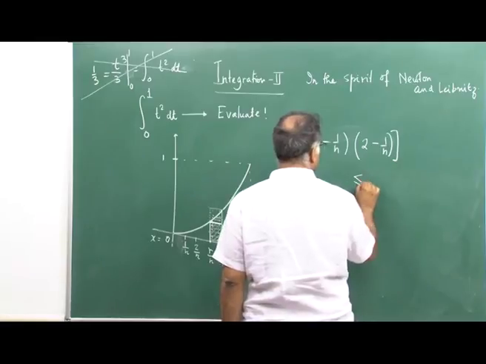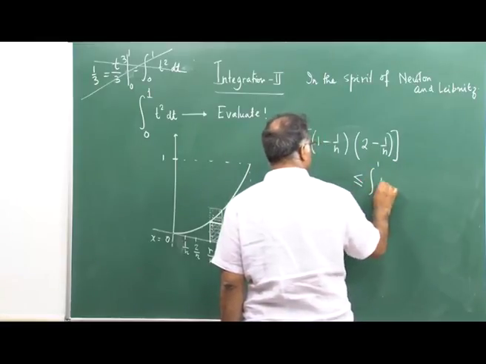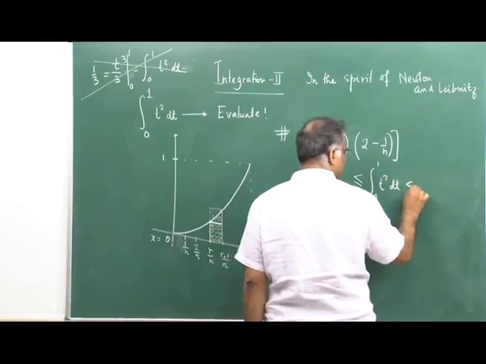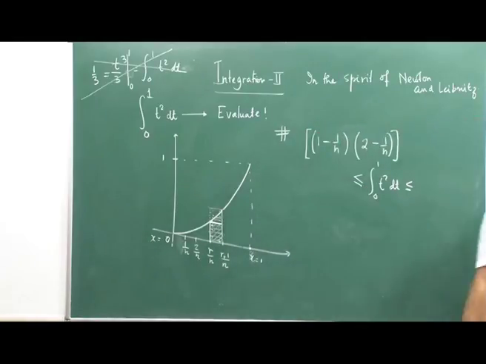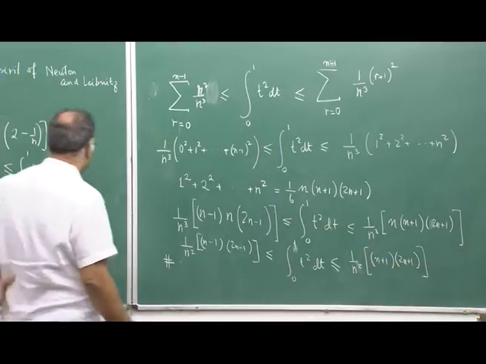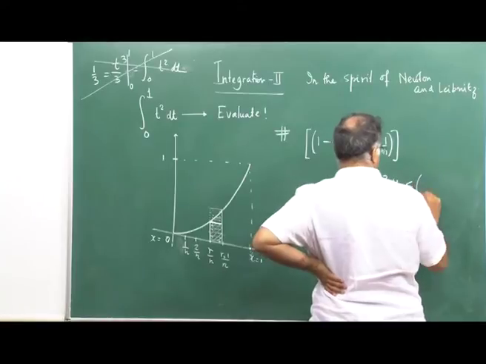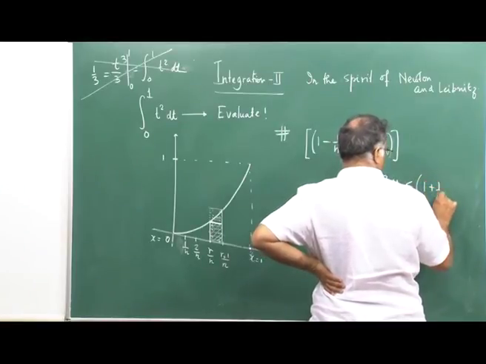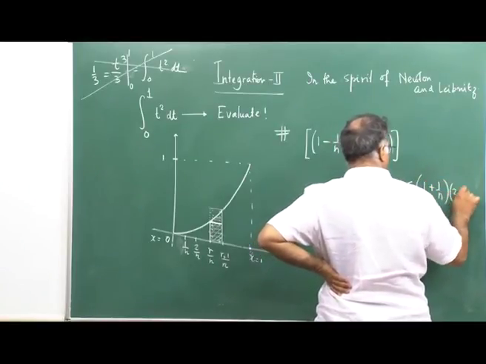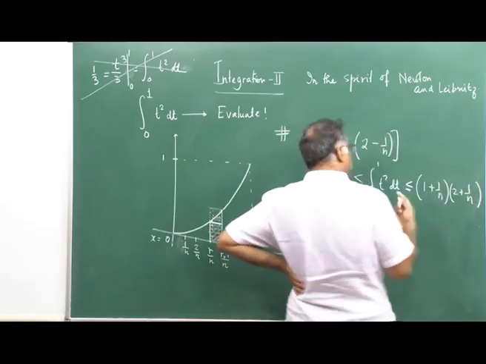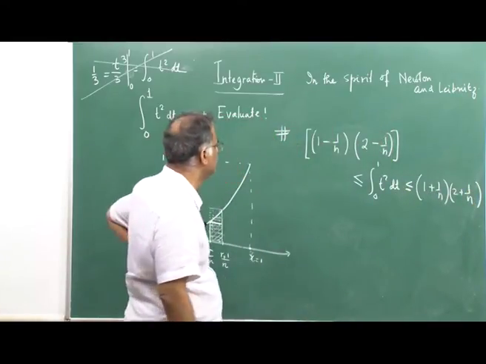This whole thing is less than the integral from 0 to 1 of t square dt, and this itself again is less than 1 plus 1 by n and 2 plus 1 by n. Now you take the limit as n tends to infinity.